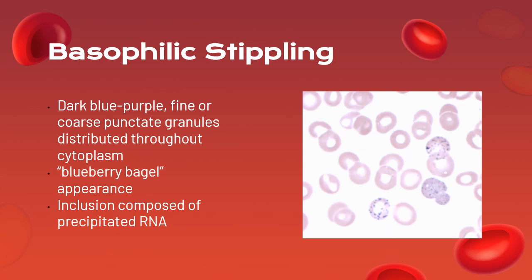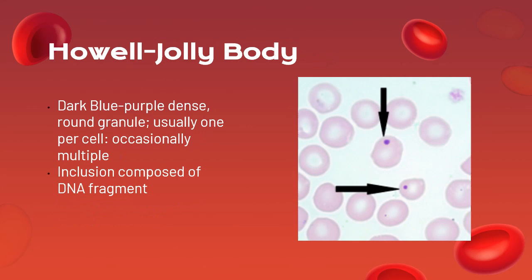Okay? Howell-Jolly bodies. Okay, so Howell-Jolly bodies, they are dark blue, purple, dense round granules, usually one per cell or occasionally multiple. Ito naman is DNA fragments. DNA fragments naman siya. Yung sa RNA, ito, DNA.